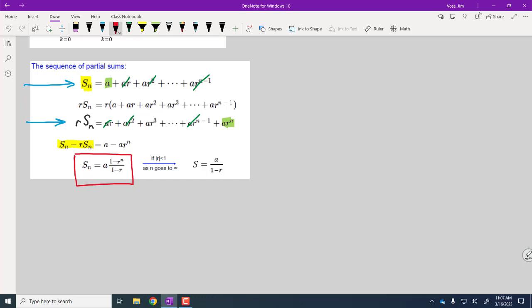So what we know is that the limit of a series, or the sum of a series, is the limit of S sub n. So L is going to be the limit of S sub n.